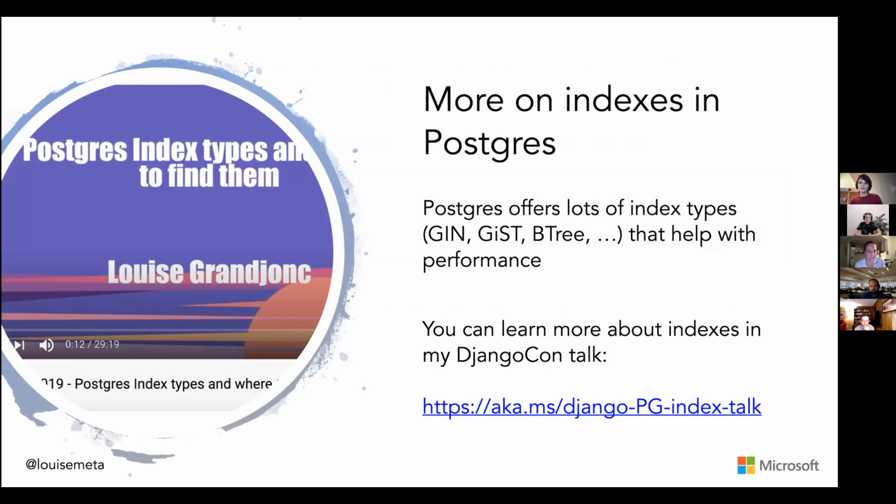I'm showing here only partial indexes, which is maybe not the most common usage that you will have. But if you want to know more about indexes overall, I think that my own talk is great. I go through all the different options, like what to do when you're indexing text.